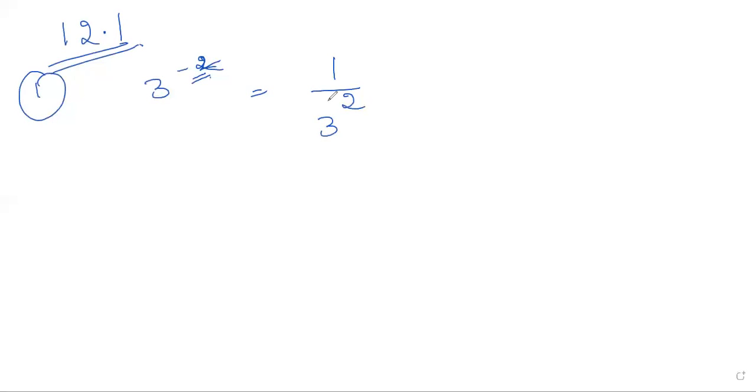That's it. So if you bring this to the numerator, what happens? 3 to the power of minus 2 comes. Okay, that is equal to, what is 3 square? Not 6. That is 3 into 3. That is 9. 1 by 9 is the answer.